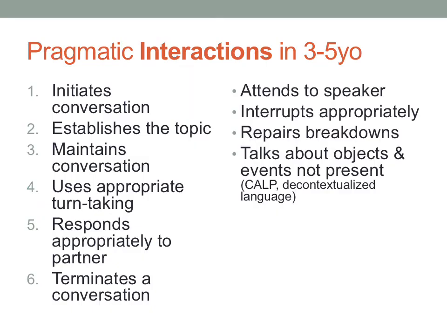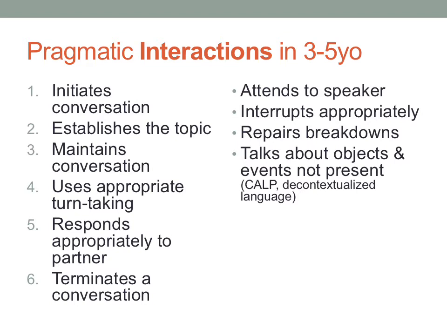What about pragmatic interactions? We've been talking about pragmatic functions. Let's switch to interactions. In the 3 to 5-year-old stage, children are learning things like how to initiate a conversation, how to establish the topic, how to maintain that topic in a back and forth multi-turn conversation.